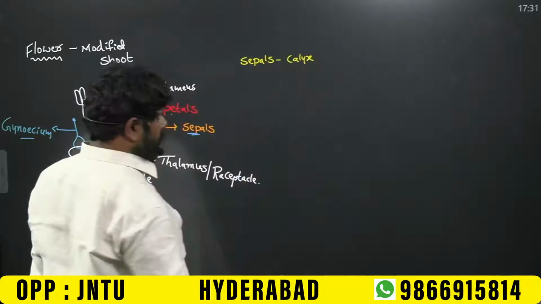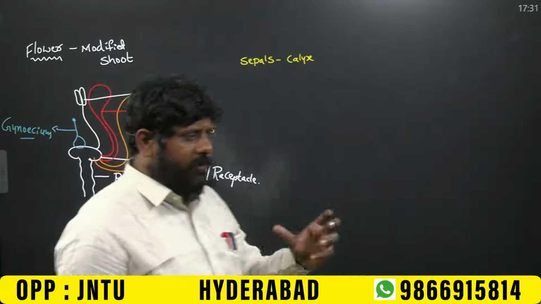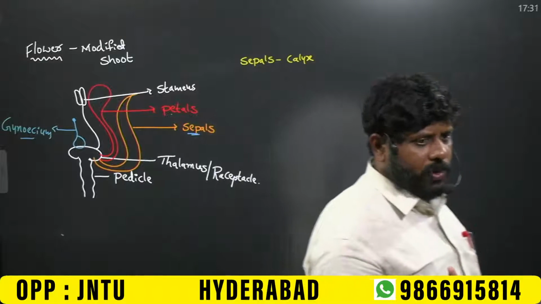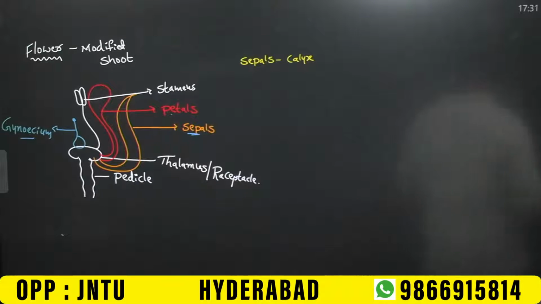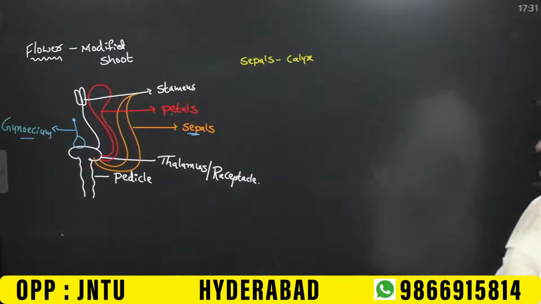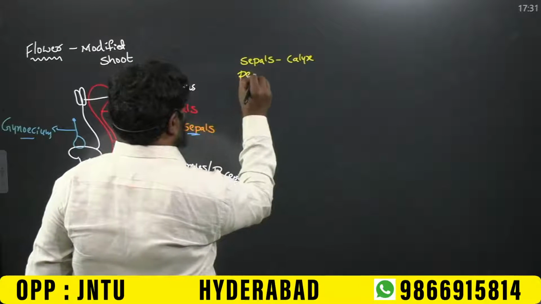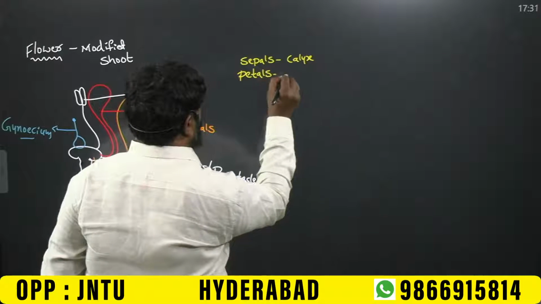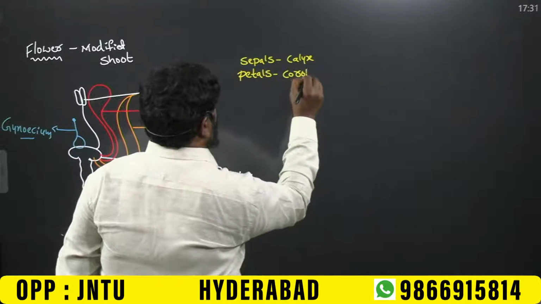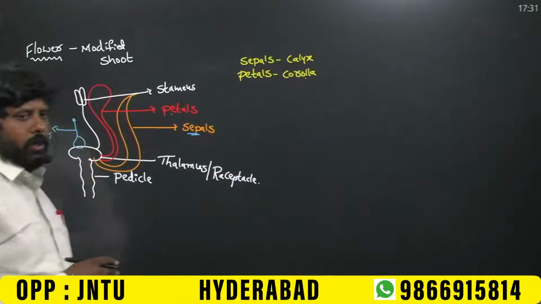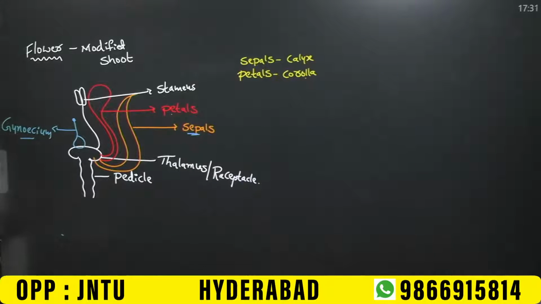In morphology we will explain this further. If the flower has 3, 4 or 5 sepals, all of them are collectively called the calyx. And all the petals, the group of petals, is called what? The corolla. Group of sepals is called calyx. Group of petals is called corolla.